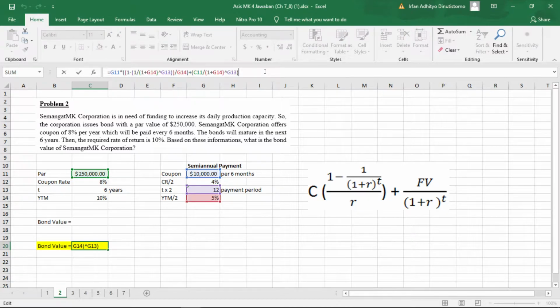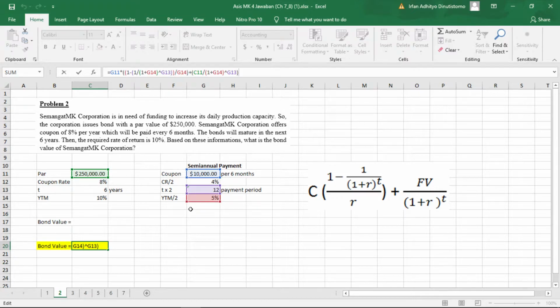Please remember that you're using the present value interest factor of annuity for semi-annual payments. So the required return is 5% and the number of payment periods is 12. Please don't be confused between the coupon rate and the yield to maturity, or the required return.